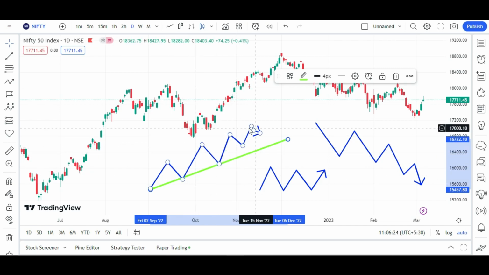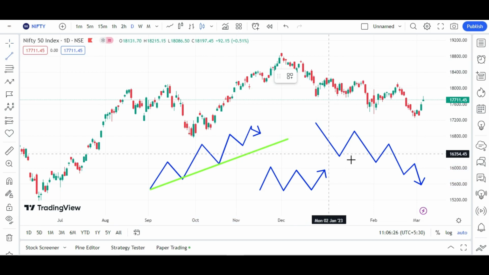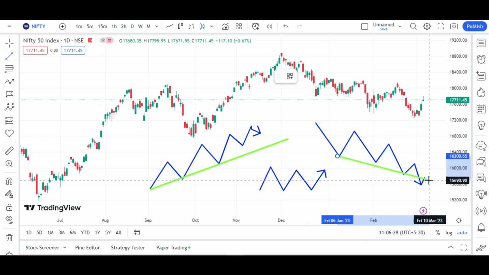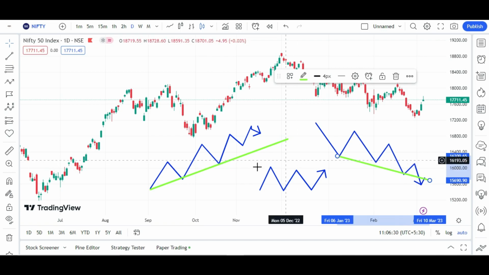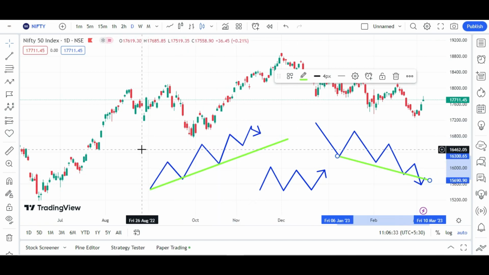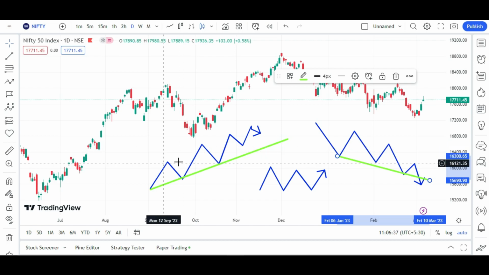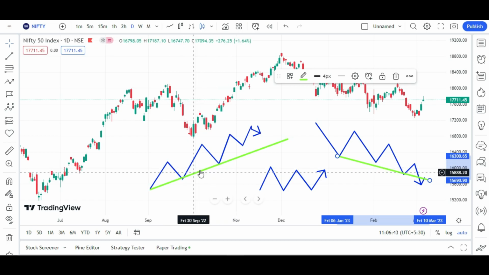In the same way, in a downtrend, it will show a trend line like this somewhere here. For a trend line to be effective, it must have two touch points, like 1, 2. So automatically you can look for entry somewhere here.